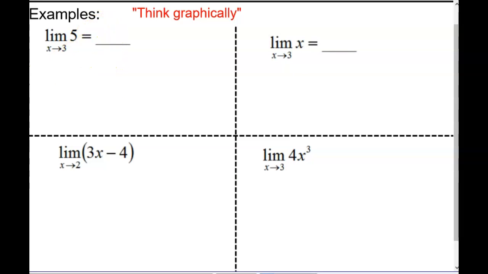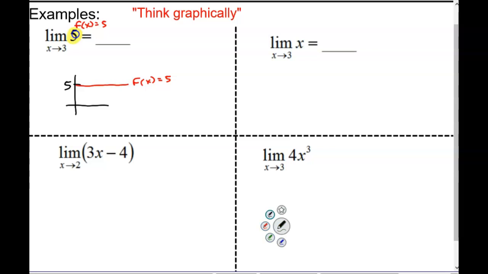All right, let's think of this graphically. If I have the limit of 5, well, let's think about how this is set up. What is 5? That's my function. It's telling me that f of x is equal to 5, or y is equal to 5. So what if I drew a graph? That graph is just a horizontal line at the equation f of x is equal to 5.